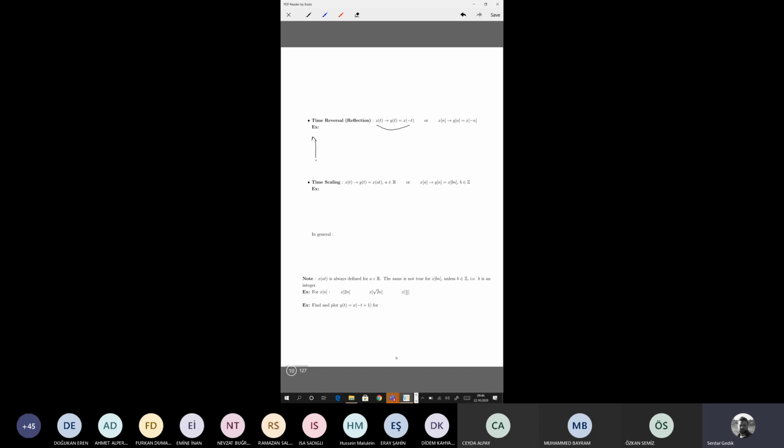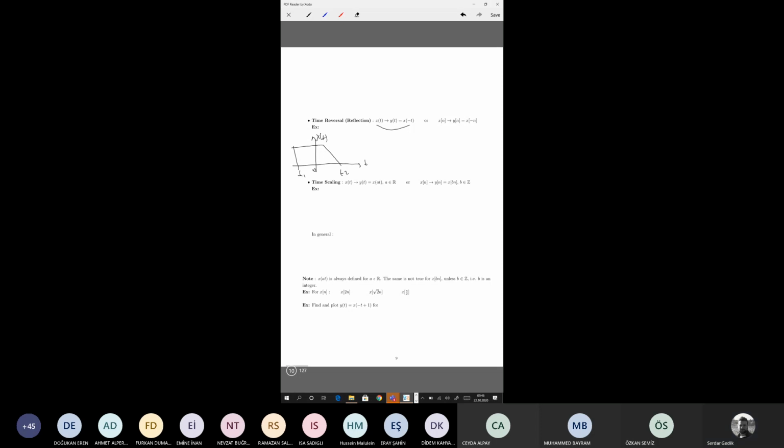So let's say I have such a signal. Let's say this is t1, this is t2, and this is 0, the origin. So this is my x of t.